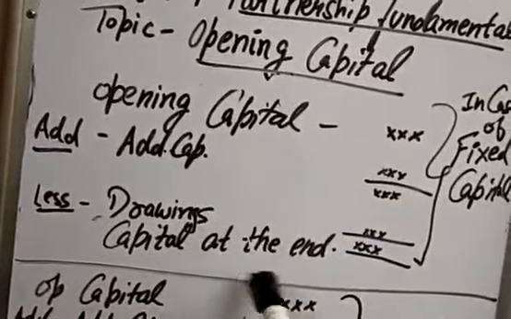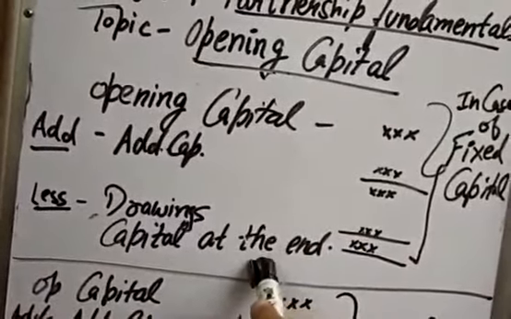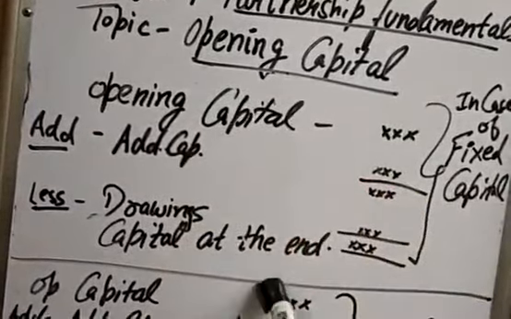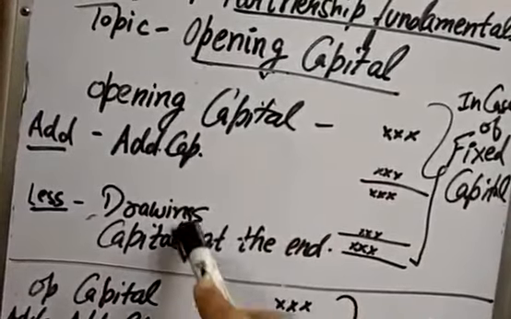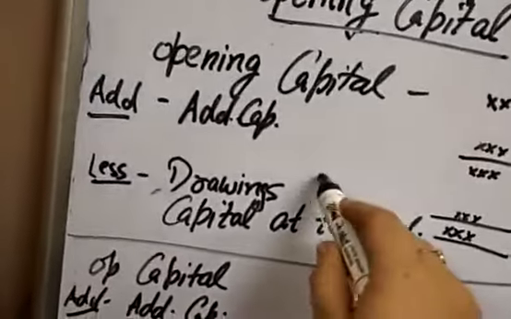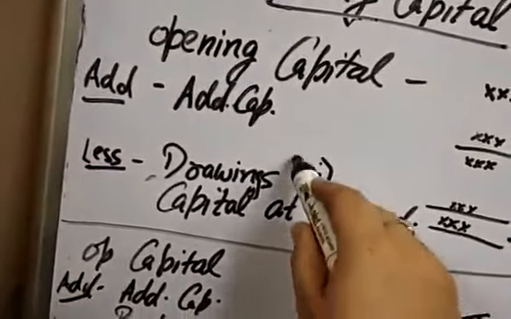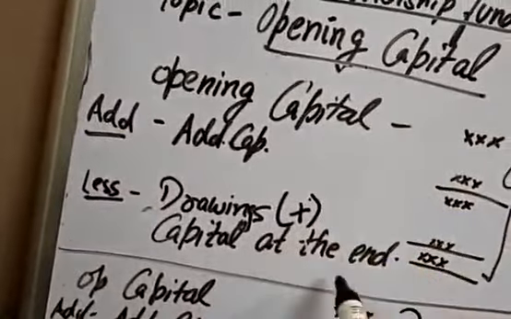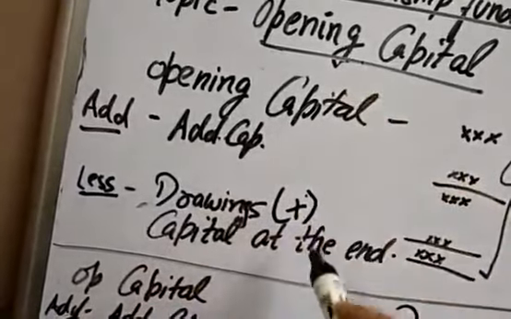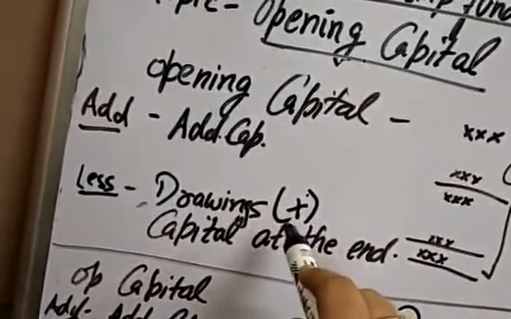What will you do? You will reverse all the things. For example, you will start with capital at the end. You have to calculate opening capital. Then what will you do? You will add drawings. Otherwise, we deducted. If we are coming from top to bottom, we deduct drawings. But if we are going from downwards to upward, we will reverse it. We will add drawings.